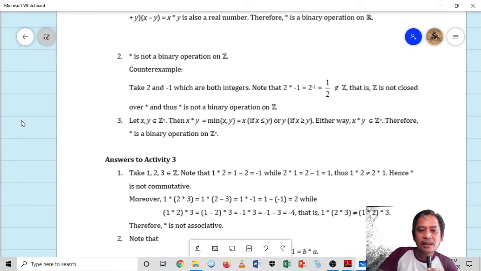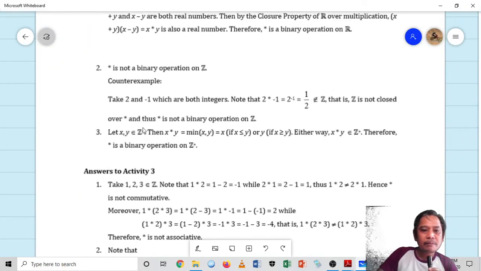So we say that if we let X and Y be positive integers, by definition, X operation Y would be the minimum between X and Y. Meaning, the answer would be x if x is less than or equal to y, since the smaller one would be the answer. Or it would be y if x is greater than or equal to y.